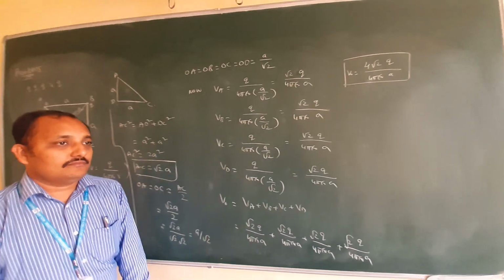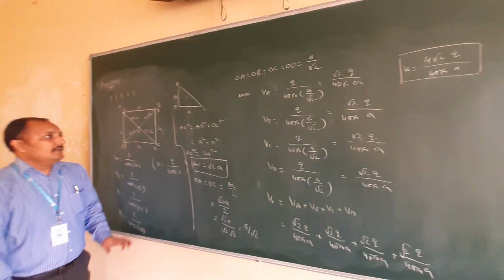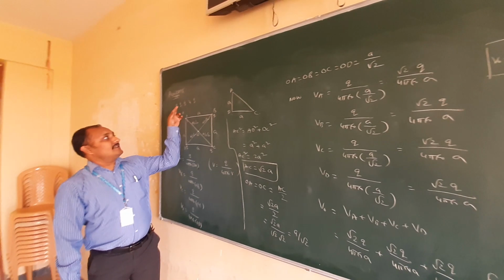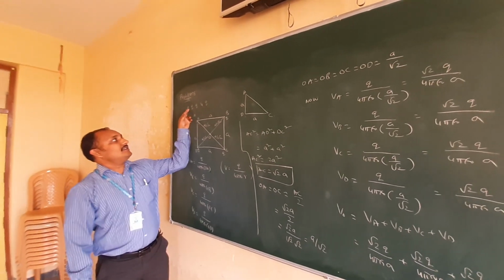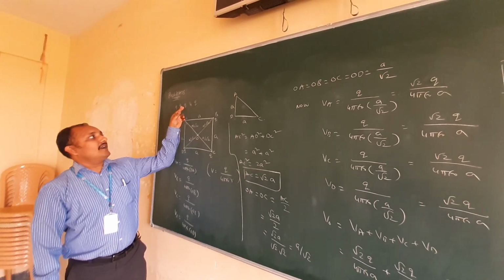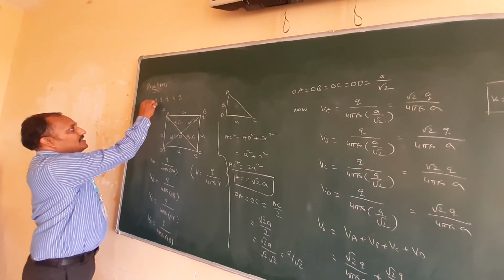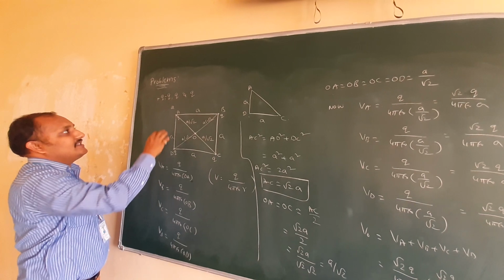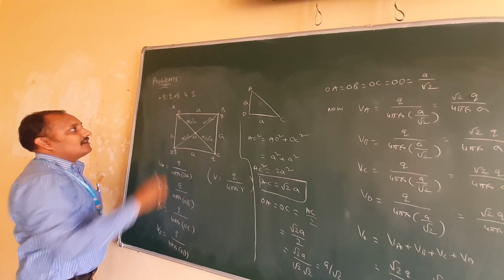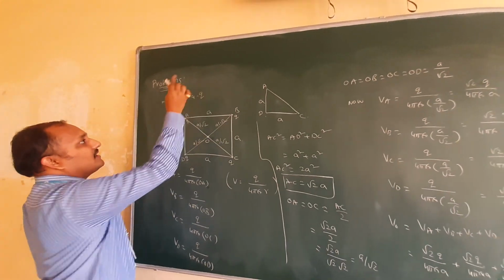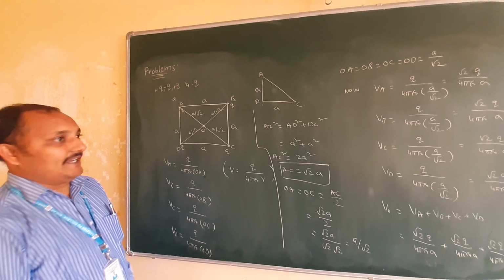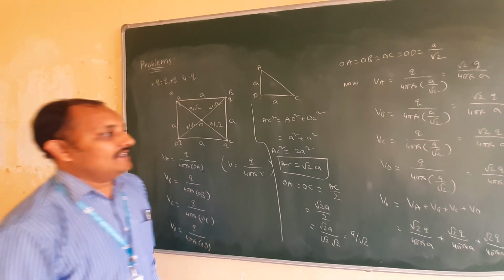Now in the same problem, two charges of equal magnitude and another two charges of opposite sign, means one is a positive charge, another one is a negative charge, third one is a positive charge, fourth one is a negative charge. At that time, what is the potential at the center?